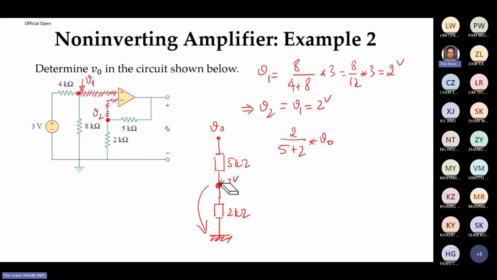But this voltage is already 2 volts due to the characteristics of the op-amp. So here we have 2 VL over 7 equals 2. 2 VL is 14. VL should be 7. Right?